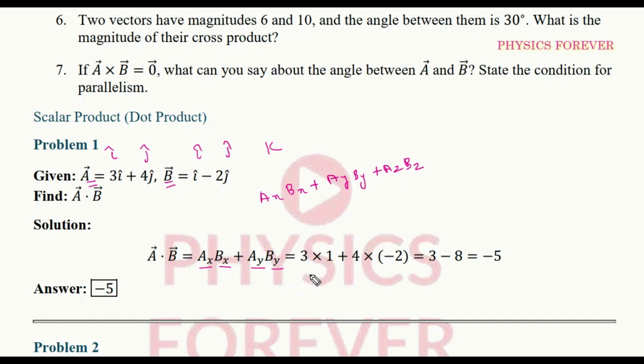Here ax should be 3, and bx should be 1, plus ay, which should be 4, into by, which should be minus 2. 3 into 1 is 3, then 4 twos are 8, minus 8. The answer will be minus 5. So that's a simple question.